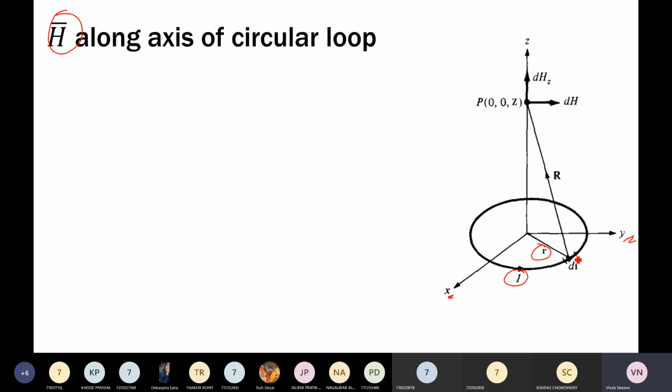Let us consider a very small element of the circular loop, called dl bar. Consider a point P on the z axis, which is our observation point, with coordinates 0, 0, z. We have a vector r bar joining dl bar and the observation point P.